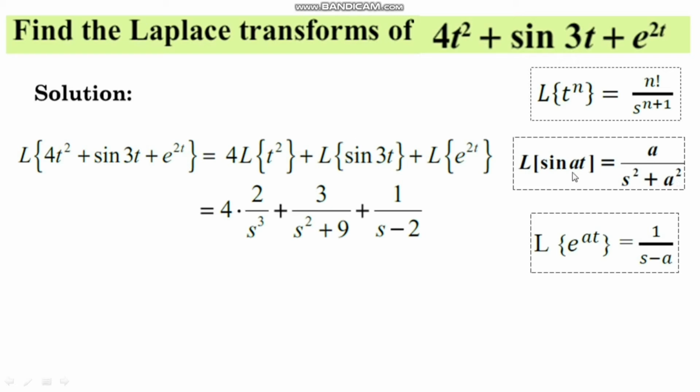Instead of a we have 3, so the result is 3 by s^2 plus 3^2, that is 3 by s^2 plus 9, plus the Laplace transform of e^(at), 1 by s minus a, it becomes 1 by s minus 2 since a is 2 here. 4 times 2 becomes 8 by s^3, plus the rest of the 2 terms unchanged, we have taken as they are. Hence it is the required Laplace transform of this function.